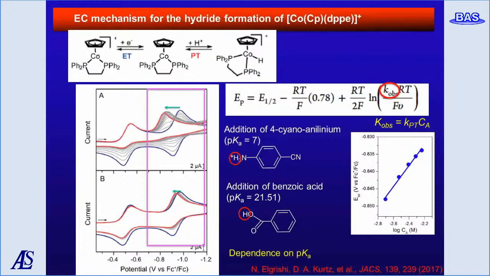According to the peak shift for the EC mechanism in this equation, from the peak shift by the concentration of acid, we can calculate the K observed, which is the protonation reaction rate, which provides us quantitative information on the kinetics of hydride complex formation.